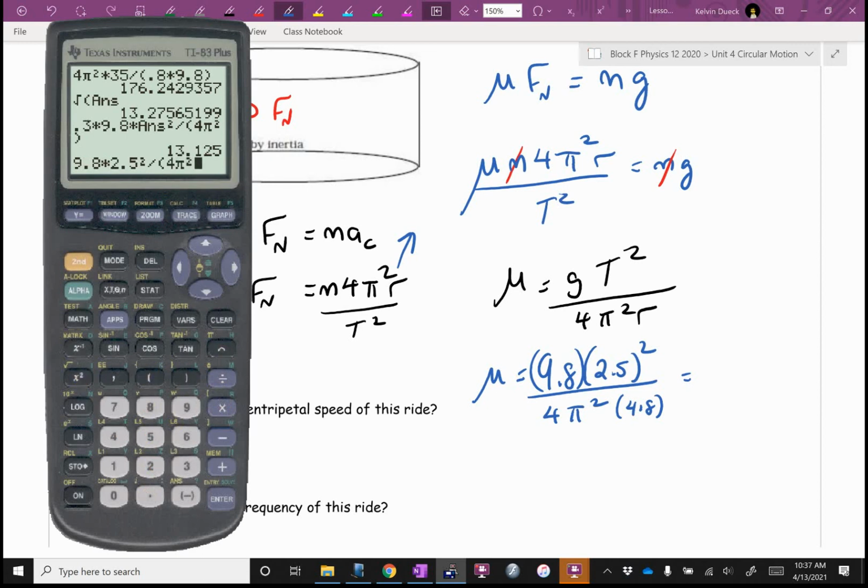Pi squared times 4.8. Now I get a mu of 0.323.